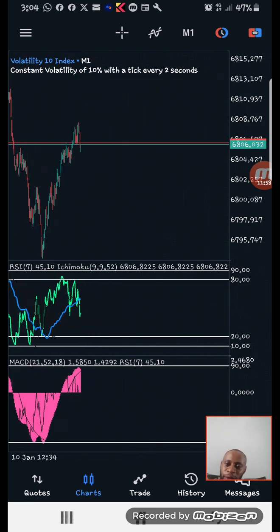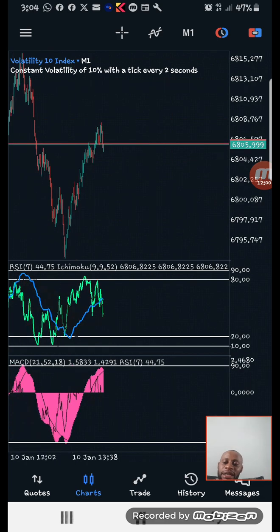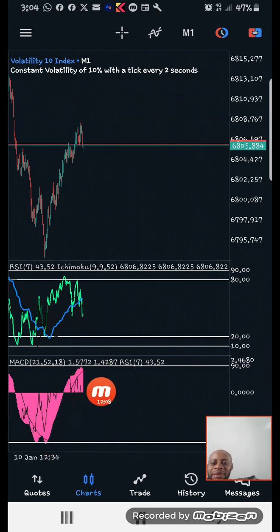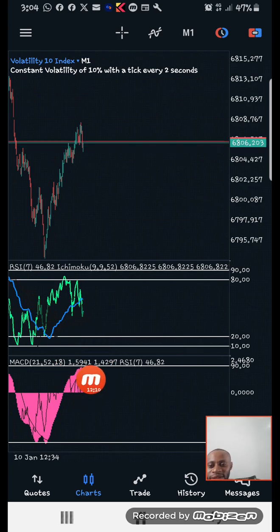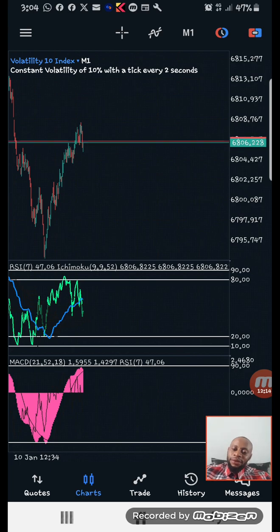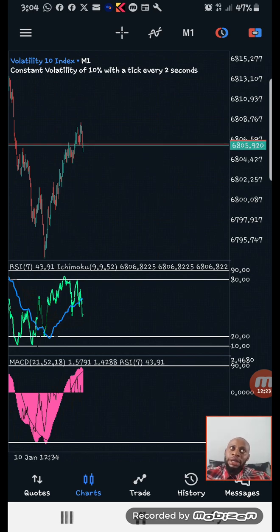Your take profit should be according to how the MACD rises. It's supposed to be when the MACD gets into the next overbought area, because you enter a buy position from an oversold position.